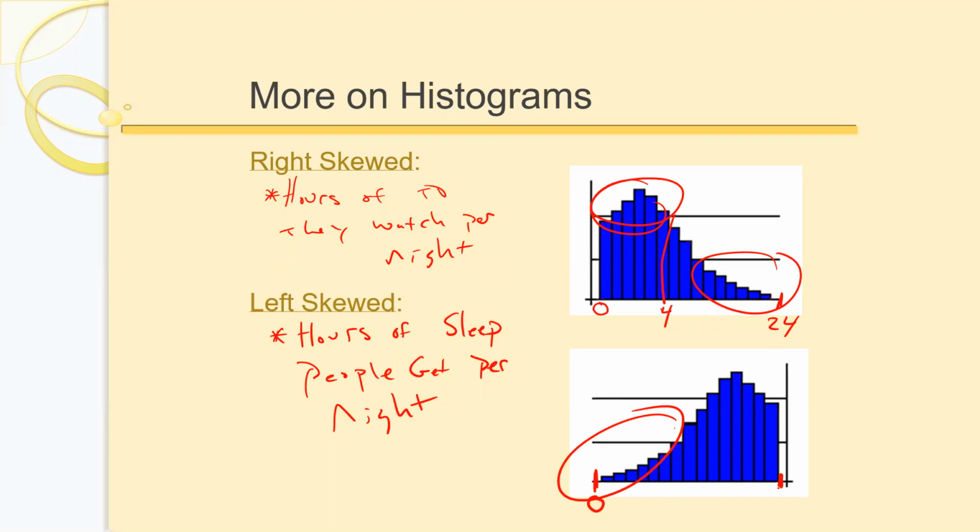And then let's just say reasonably the most you're going to get per night is 12 hours. They say you should get 8 hours. So the vast majority of people, if you ask them how many hours of sleep they got per night, are going to say something like between 5 and 12. But then there are some people who each night get less than 5 hours of sleep, but there's not that many of them.